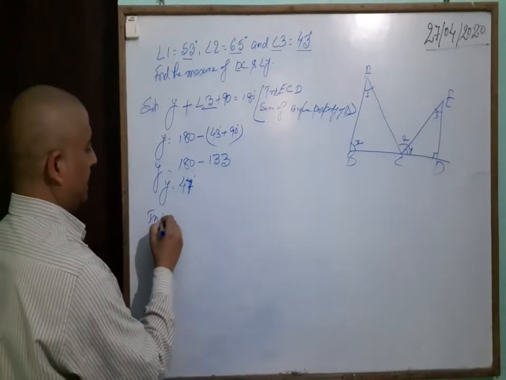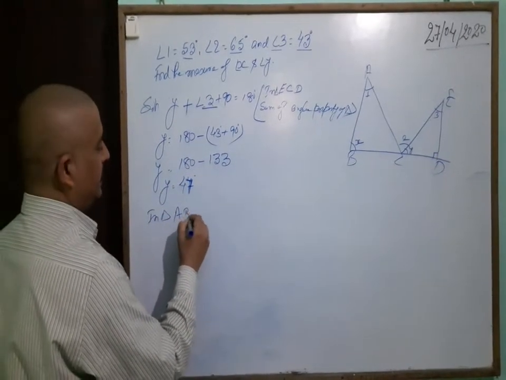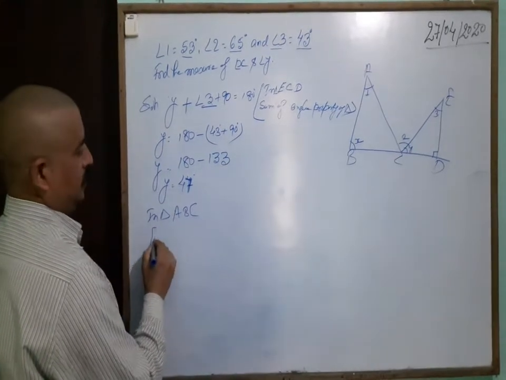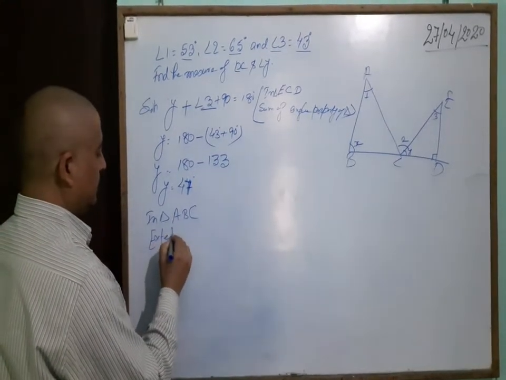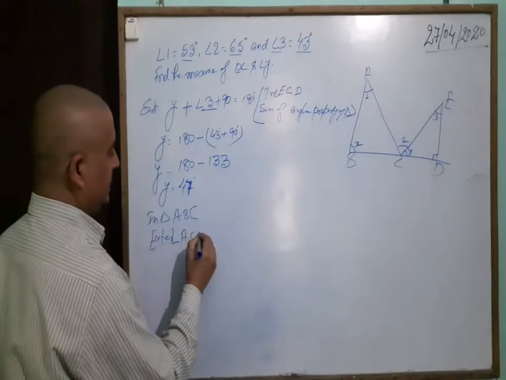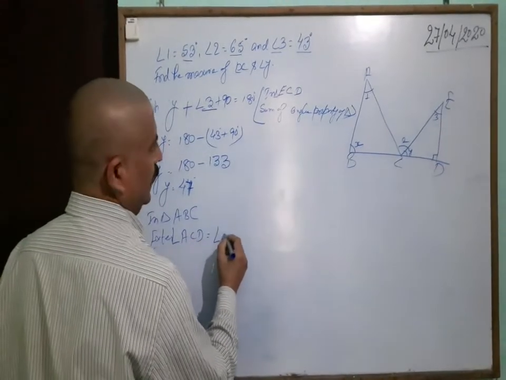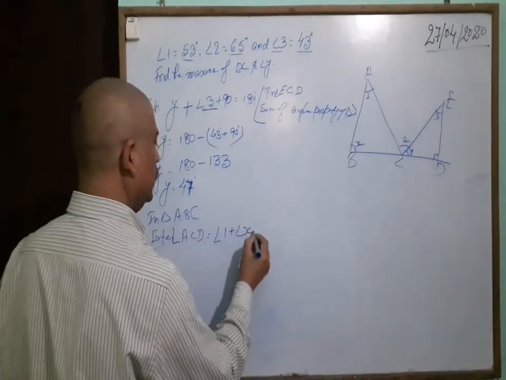In triangle ABC, exterior angle ACD equals angle 1 plus angle x.